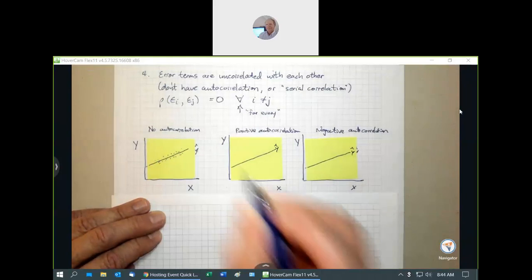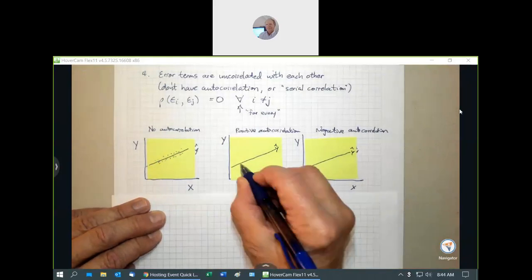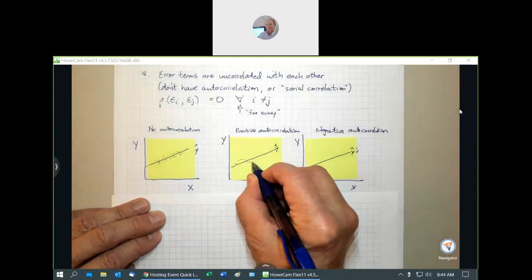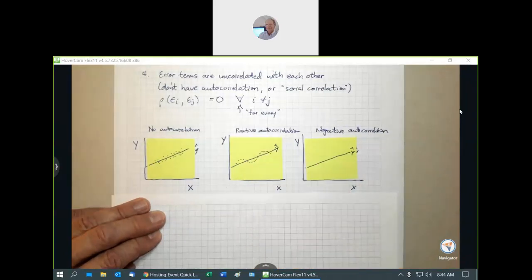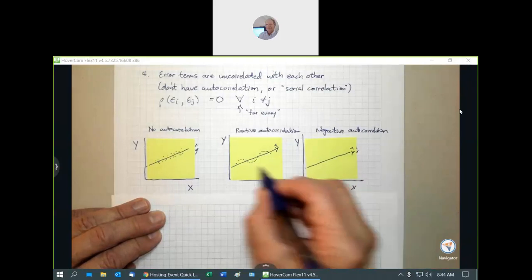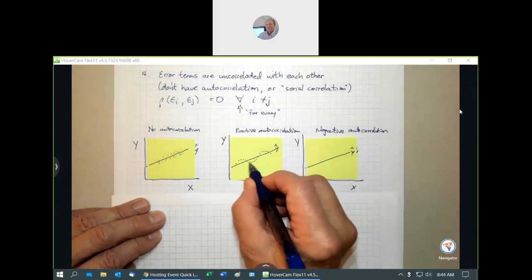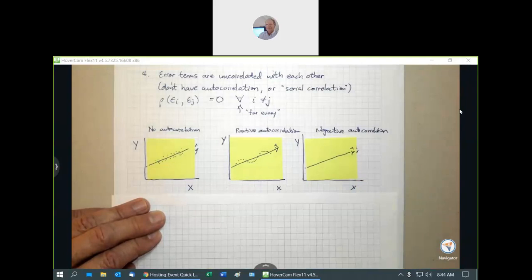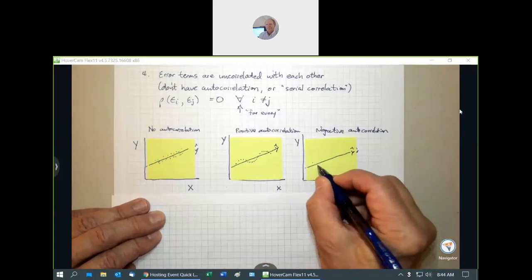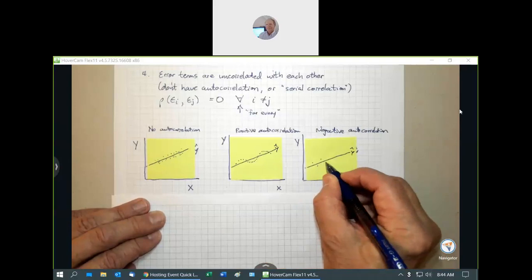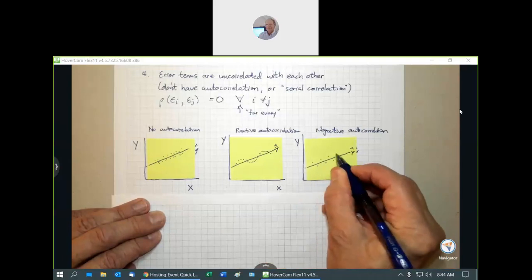They don't have a pattern. With positive autocorrelation, they look like, well, some people have called it a snake. See that snake twisting back and forth across the line there? That's positive autocorrelation. You have a string of positive errors followed by negative ones, like that. They run in strings. Negative autocorrelation is when you bounce back and forth across the line.